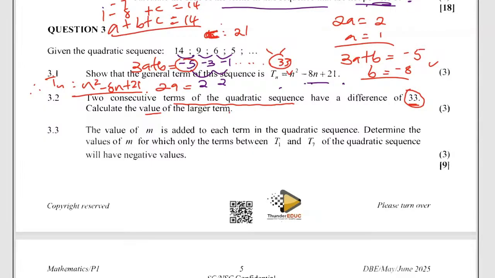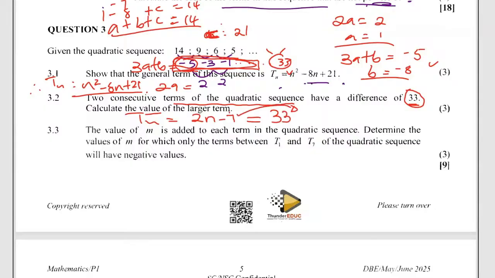So the first thing to do is find the general term of the first differences. So meaning it's going to be 2n minus 7, because this is the arithmetic. If you simplify it, first term is that, the common difference is that. So it's 2n minus 7. And then I'm going to equate this to 33.